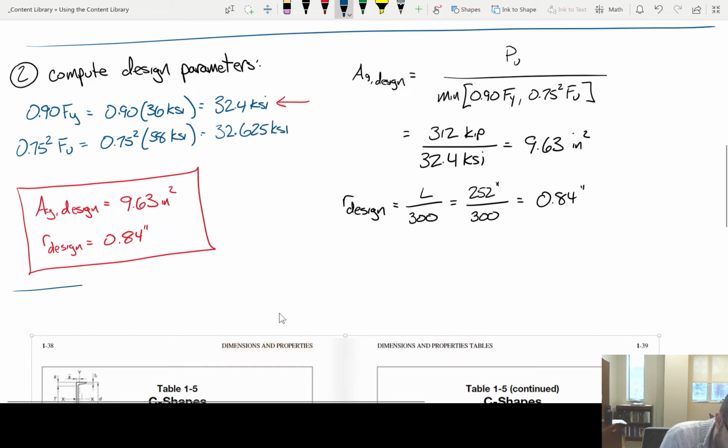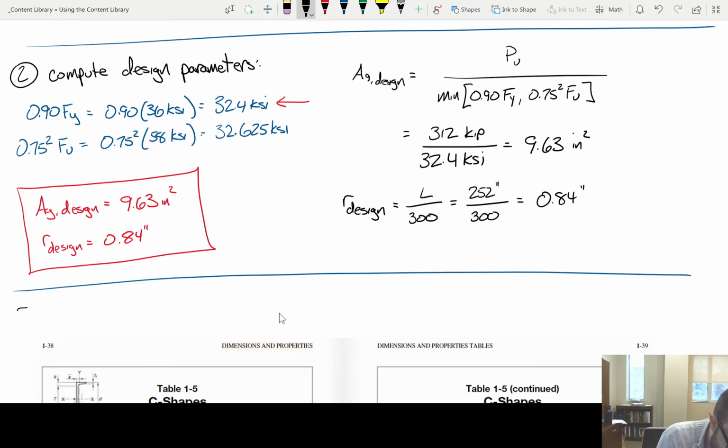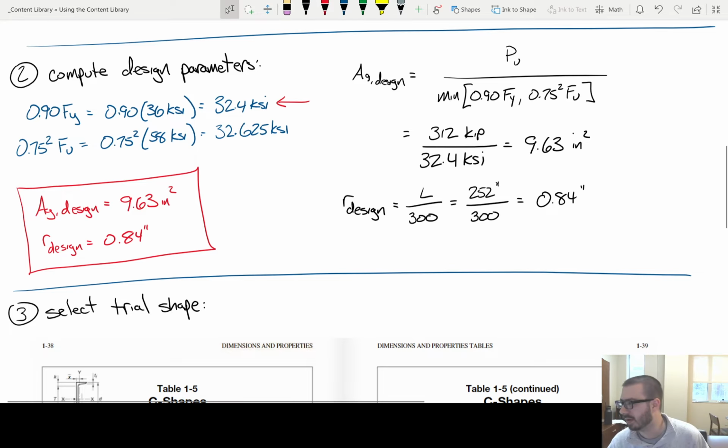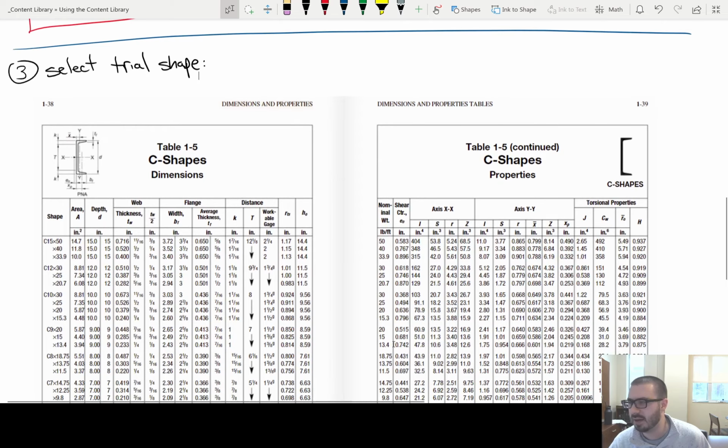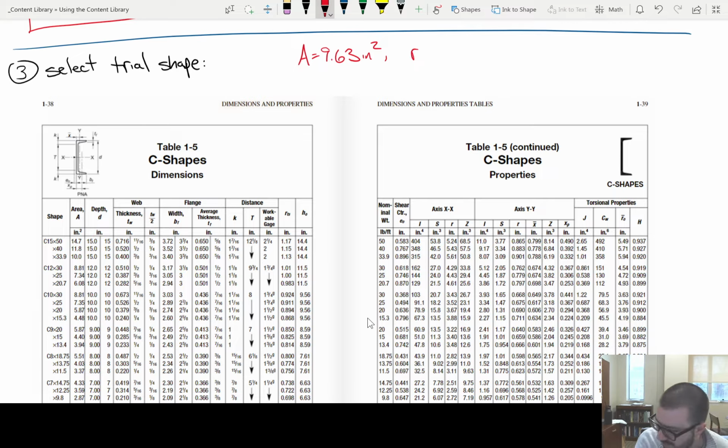So now we're going to select a trial shape. All right. So what I'm going to do here, if you can see, I've got a snippet of the manual here, and remember, we're looking for an area of 9.63 and an r value of 0.84 inches.